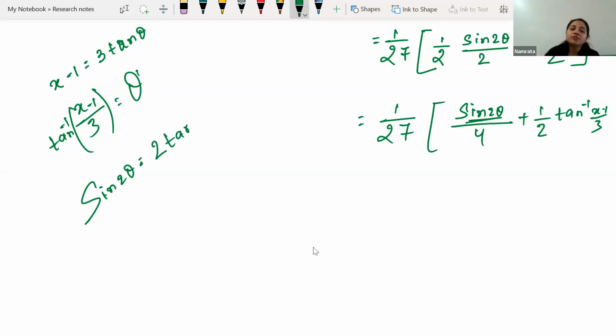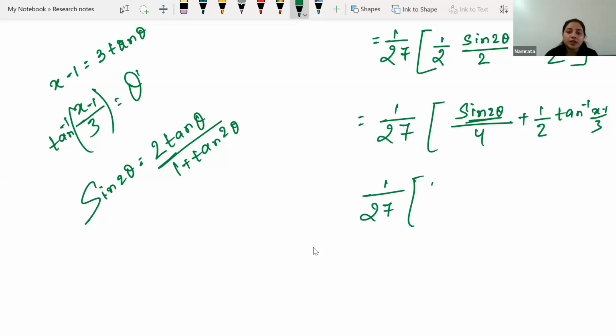Yes, that formula we will be writing here. Why are we going to use this formula? Because for theta, now only we will be substituting tan inverse. So if we already have tan outside, it will make everything easier. You should know all the trigonometric formulas. So here we'll have 1 by 27 and sine 2 theta.